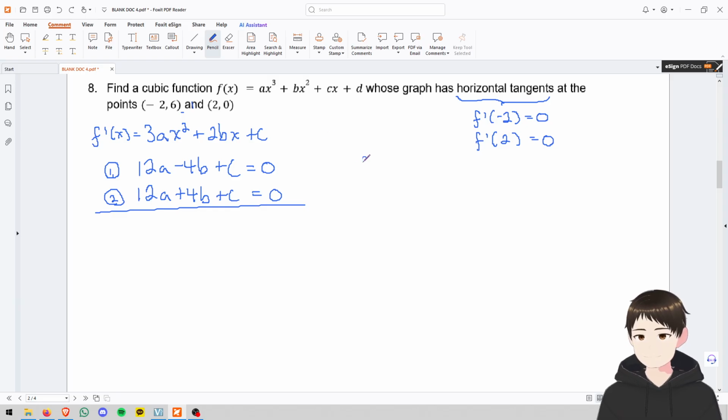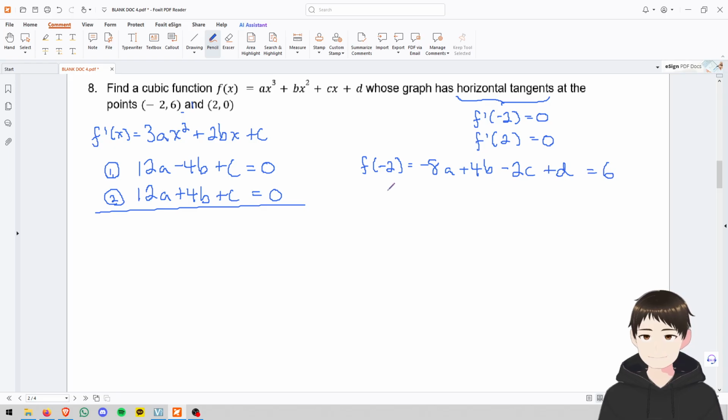We have f of -2, which is -8a plus 4b minus 2c plus d, and that is equal to 6. And f of 2, which is 8a plus 4b plus 2c plus d, is equal to 0. From here and here.